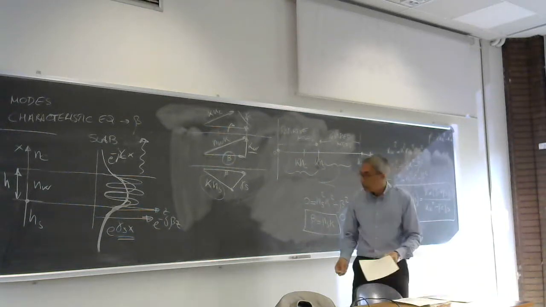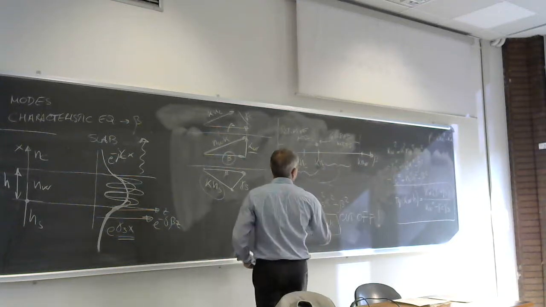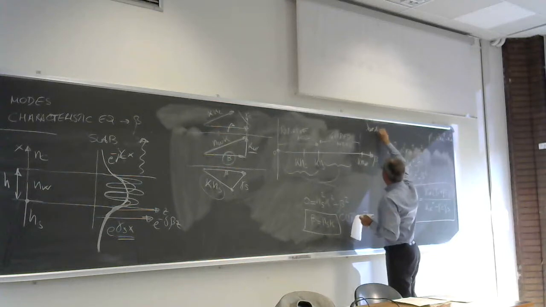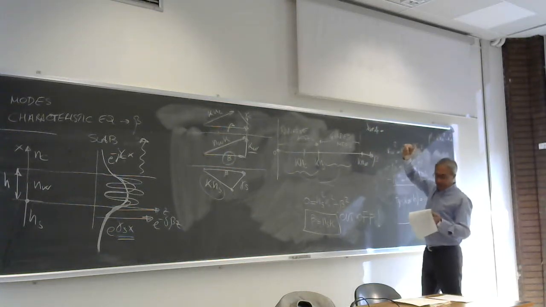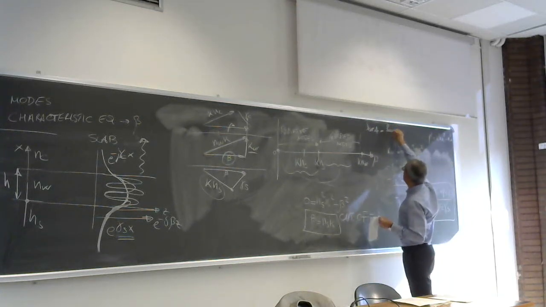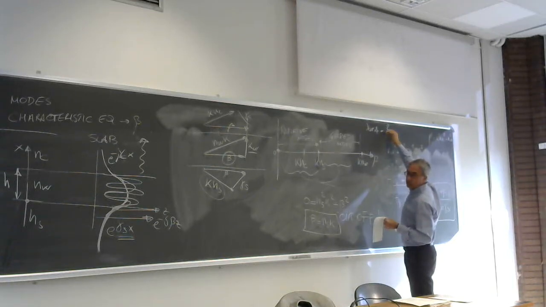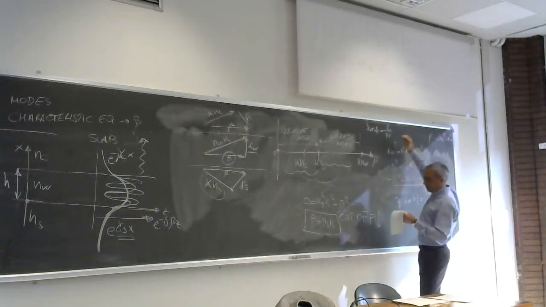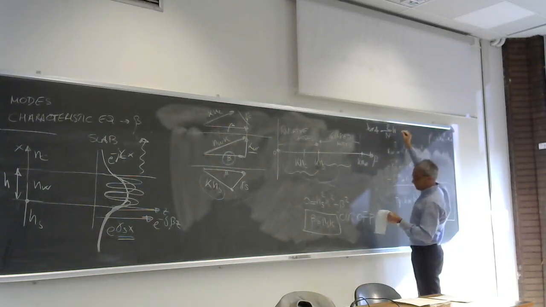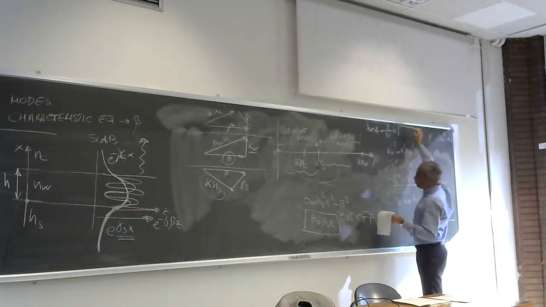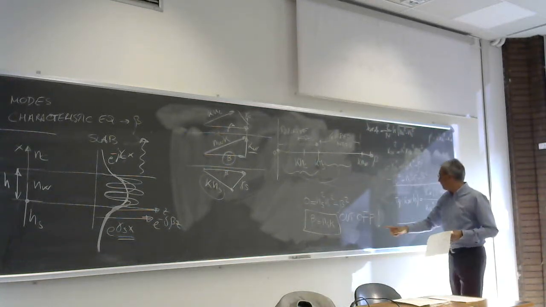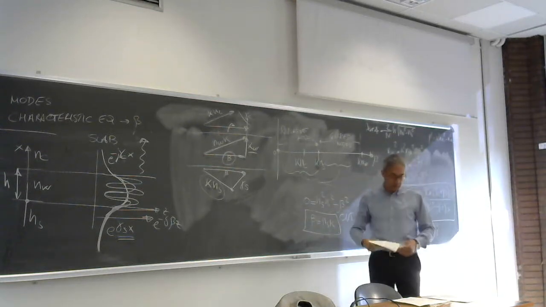This is for a symmetric slab: 2 divided by, yesterday we used n, I think, the thickness of the slab, square root of n_w squared minus n_substrate squared. If you play with this and this, you get this solution.